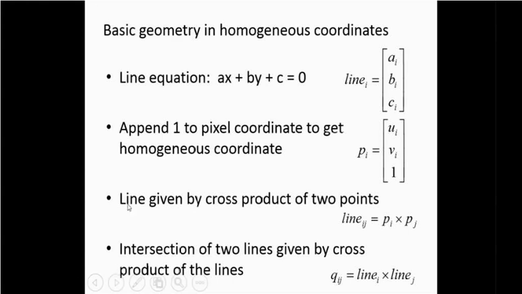If I want to convert it to the form where a and b give me the normal, then I can normalize a, b, and c so that the length of a and b is 1. And if I want to compute the intersection of 2 lines, I take the cross product of the lines. So it's nice that in homogeneous coordinates, it's really simple to compute the intersections of lines or the lines that pass through a pair of points.